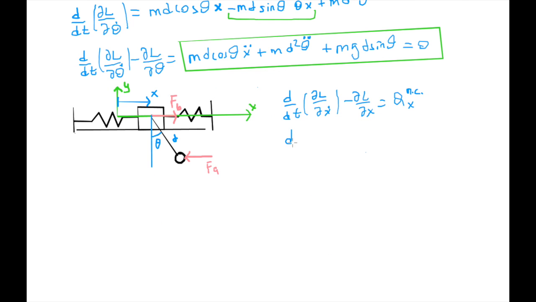And similarly, d by dt partial L partial theta dot minus partial L partial theta equals Q theta non-conservative. Again, the left hand side is the left hand side of the equation boxed in green, and the right hand side is going to be the generalized force for theta with non-conservative forces.